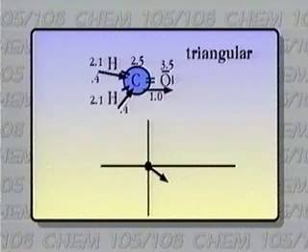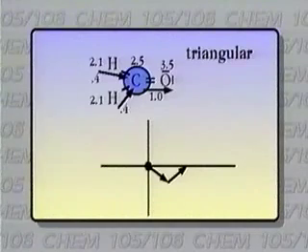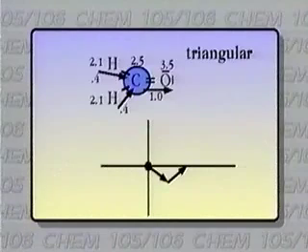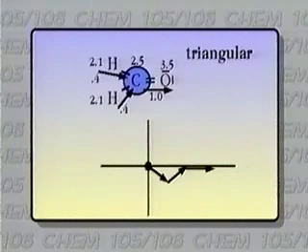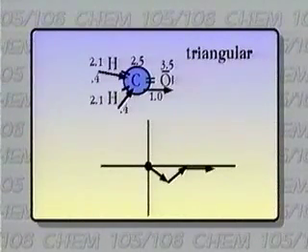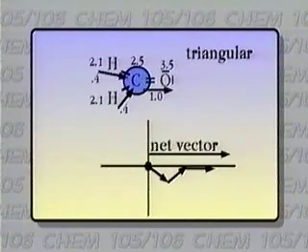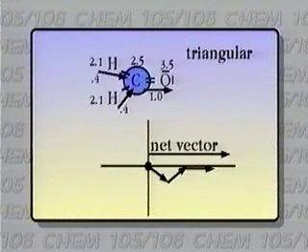Our second vector starts where our first one left off, and we're going to go about 2 blocks, which would be 0.4 units at 120 or 109 degrees, and we're back there. And then we're going to take our last vector, which is 1.0, starting here and going over 5 blocks, and we're right there. If we add all these together to get our net vector, here's where we ended up, here's where we started. Our net vector would be that.